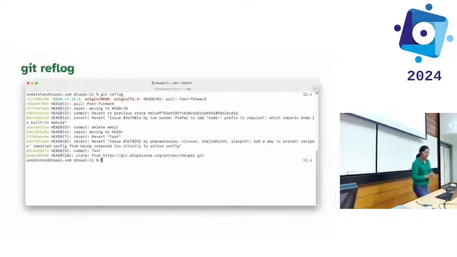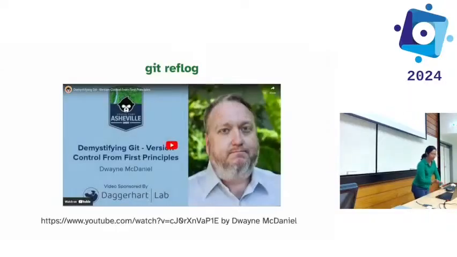And in this case, you can see what happened in my local copy of the repository. First, I did a pull, then a reset, commit, revert, and so on. And here you have more resources to learn how to use the command.